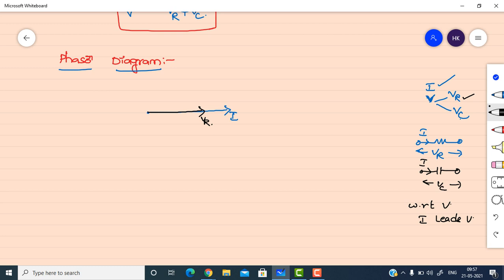But here current is the reference. You can say it in the opposite way, that is voltage lags current. If current you are taking as a reference, then voltage is lagging with respect to the current. So therefore VC phasor, where I have to draw? Lagging by an angle of 90 degrees. Behind this current phasor or ahead of the current phasor?